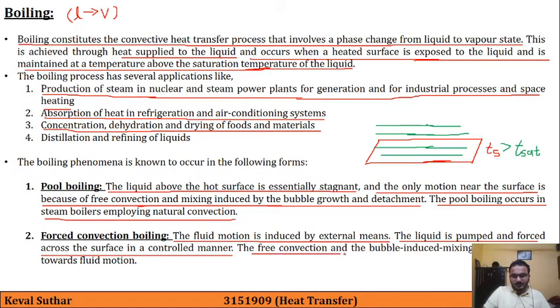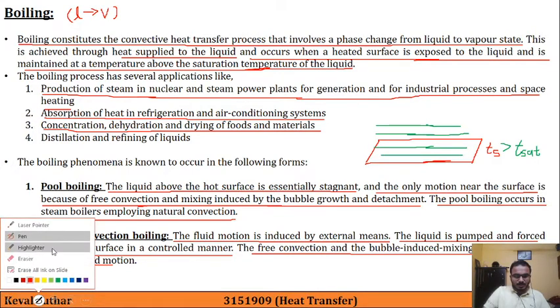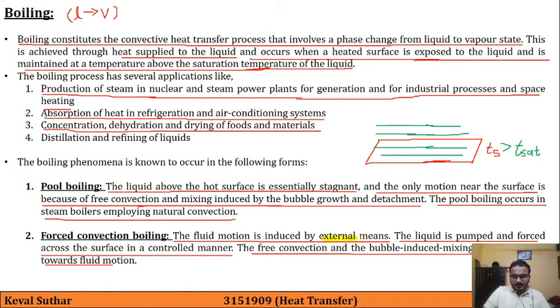The free convection and bubble induced mixing also contribute towards the fluid motion. So here two things contribute to the motion of the fluid: first, external means, as well as the bubble induced mixing. In the case of pool boiling, only the free convection and bubble growth and detachment were responsible for the fluid motion.